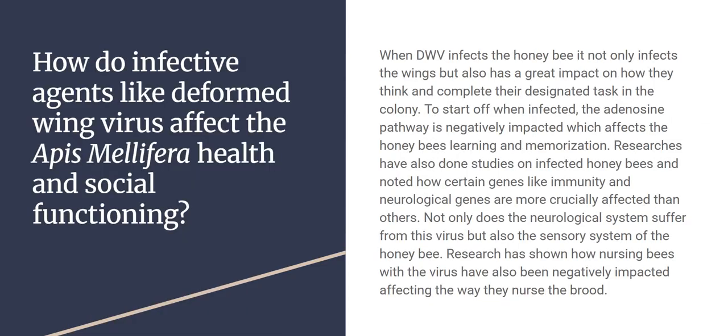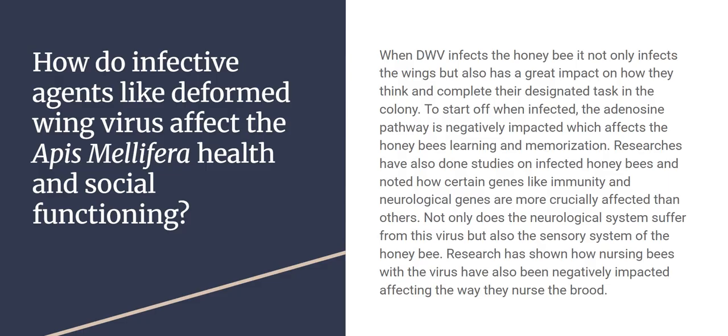So how do infective agents like deformed wing virus affect the Apis mellifera's health and social functioning? When DWV infects the honeybee, it not only infects the wings but also has a great impact on how they think and complete their designated task in the colony. To start off, when infected, the adenosine pathway is negatively impacted, which affects the honeybee's learning and memorization.